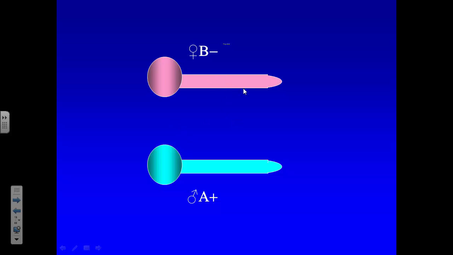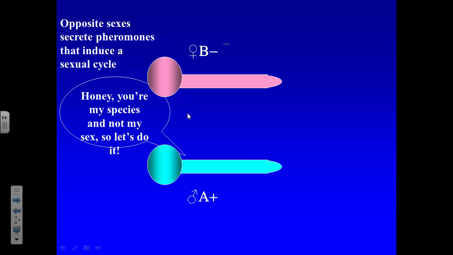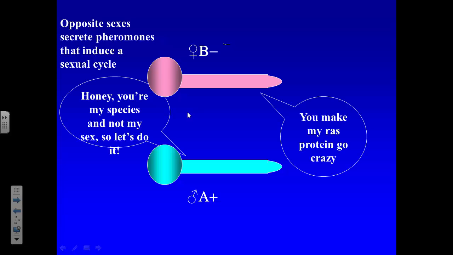And essentially, if two cells grow near each other, they're each emitting pheromones, okay? And opposite sexes secrete pheromones that induce a sexual cycle. And when they secrete those pheromones, what they're saying is, you're my species, but not my sex, so let's get together.